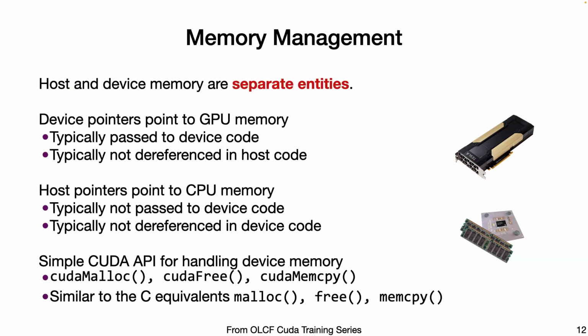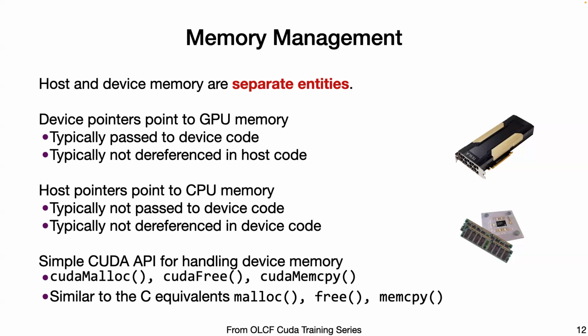One common way to do this, and I'll do an example later, is you have some host memory like you normally would, just an array in C++, and you could call malloc to make your array. To handle that array on the device, you want to copy it over, so you would use cudaMalloc, cudaFree, and cudaMemcpy, which are the same API as regular malloc, free, and memcpy, just with CUDA in front.